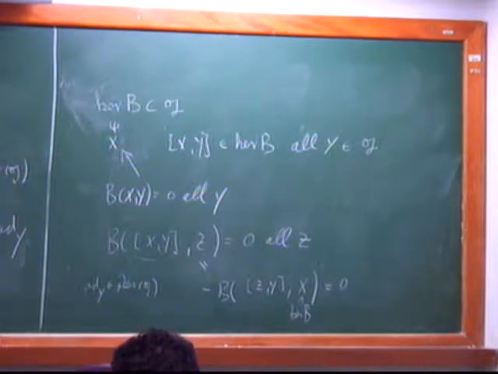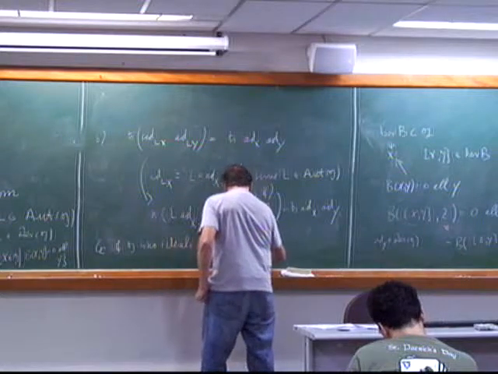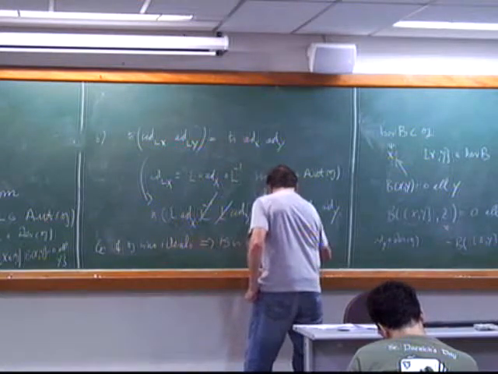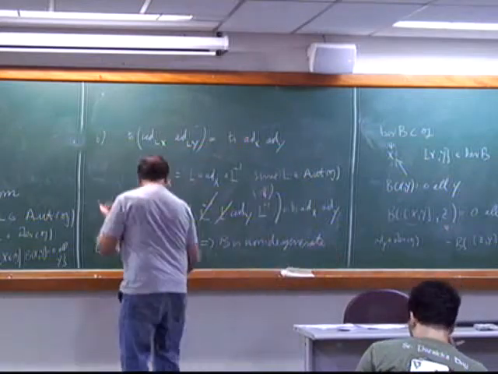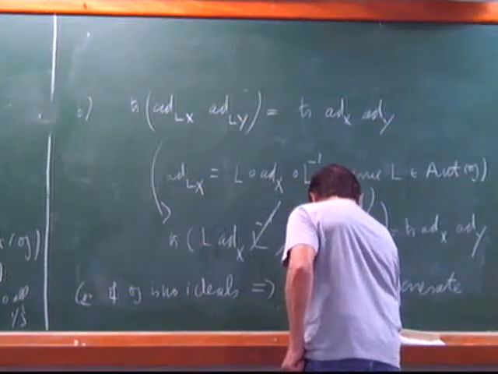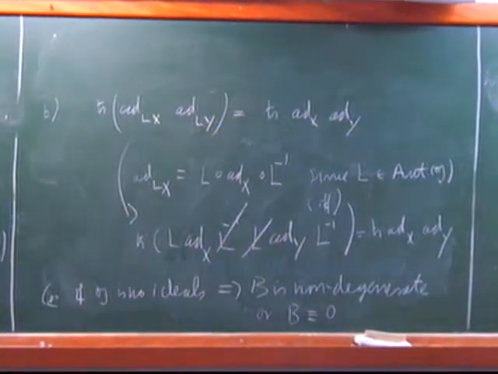Okay, so corollary. If G has no ideals, this implies that B is not degenerate, or B is 0. But we're going to see later on that we can take this away. So if the Killing form is 0, actually G can't have no ideals.